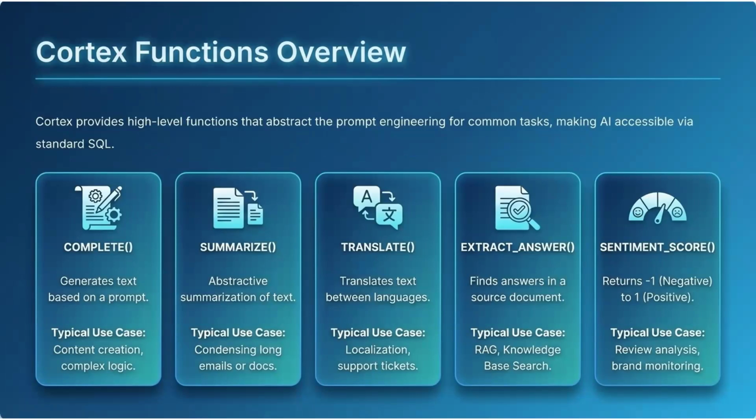For example, complete, which we call AI complete. This function is basically to create content. It will generate text according to your prompt. If I ask something, maybe I want some information about the Snowflake Arctic model, it will generate it.